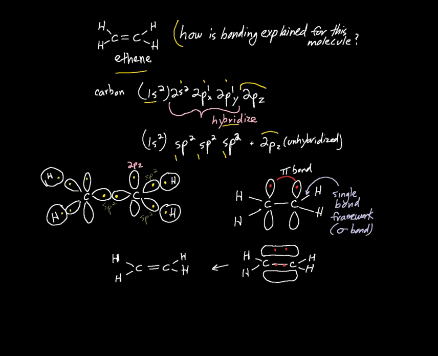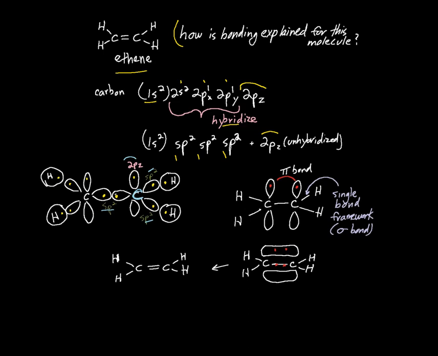If we draw a picture of this, below here we see, already drawn, here's a carbon center. It has 1, 2, 3 sp2 hybrid orbitals, and in a right angle plane to those is the unhybridized p orbital.